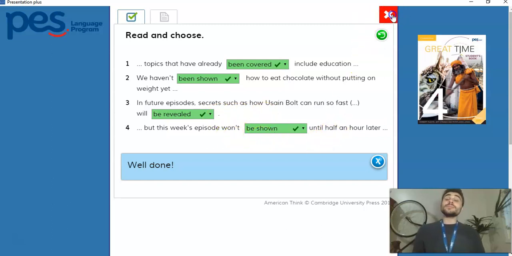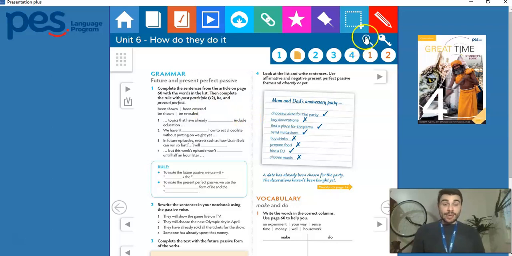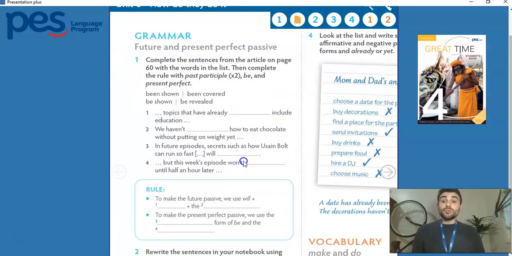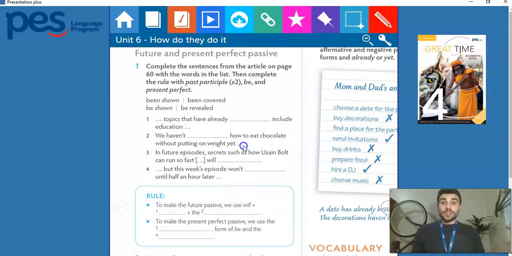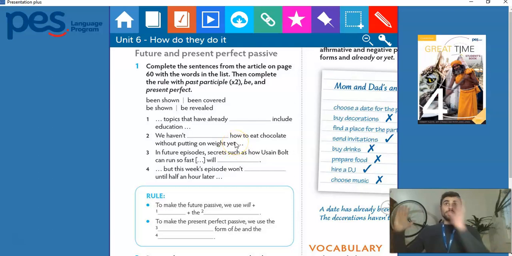Now we have to think about the rule here. And again, we're talking about the passive forms, okay? So remember the passive forms when we talked about the structure in the first video. That was a review. For the passive to work, we need to use the verb to be and the past participle of the verb.